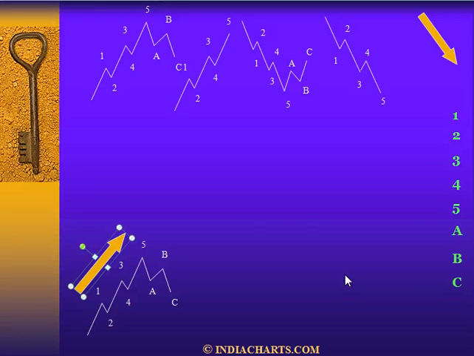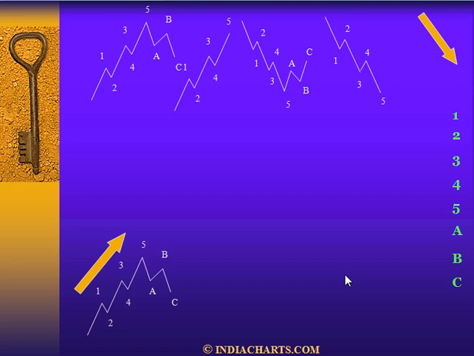Now this is especially true if it's happened after a trend that was in the other direction. So if you had prices falling for a considerable period of time and suddenly you ended up seeing 1, 2, 3, 4, 5 on the way up after a fall, then it would amount to a trend reversal.